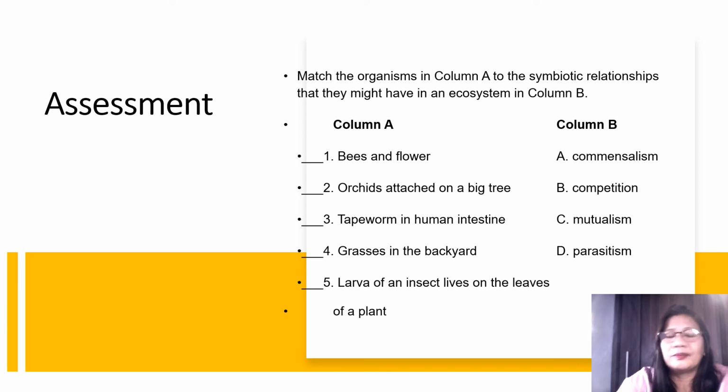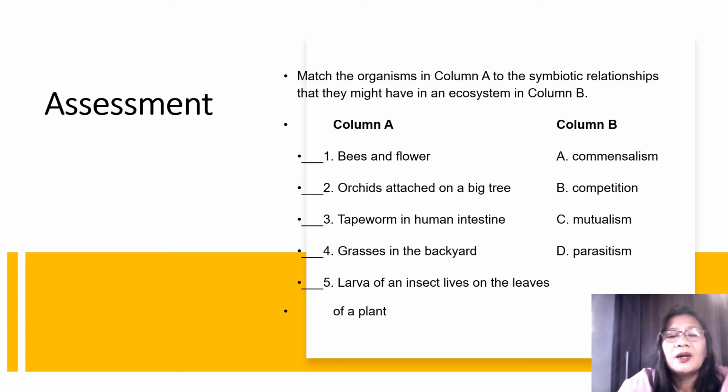Okay. Now, will you please get a 1/4 sheet of paper or use your notebook, please answer the following question. You are going to match the organism in column A to the symbiotic relationship that they might have in an ecosystem in column B. So in column A, number 1, bees and flower. Number 2, orchids attached in a tree.